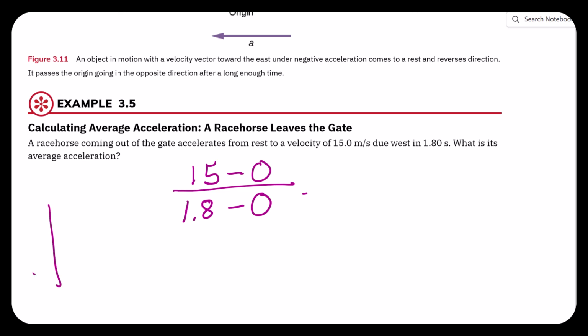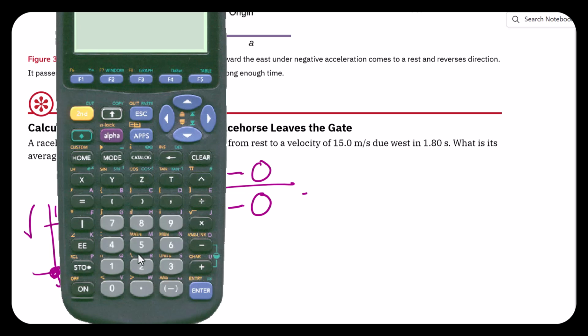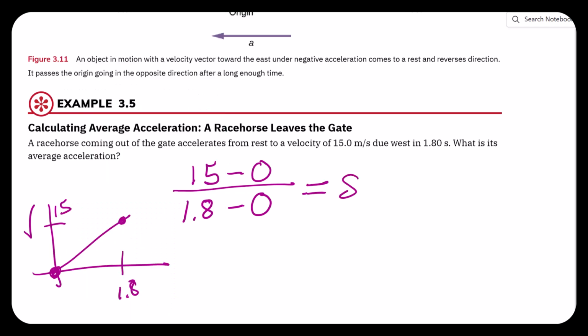If you were graphing this horse's velocity, you'd say his velocity is 0 at this time and 15 at this time. What's the slope? It's just rise over run. So 15 divided by 1.8, and his average acceleration is 8.3 meters per second squared.